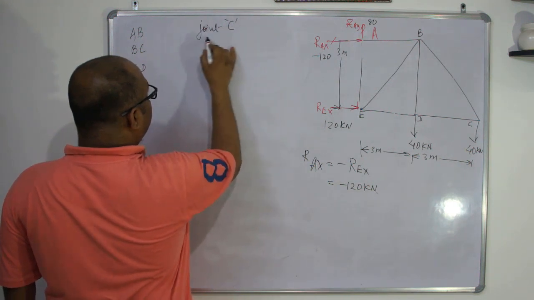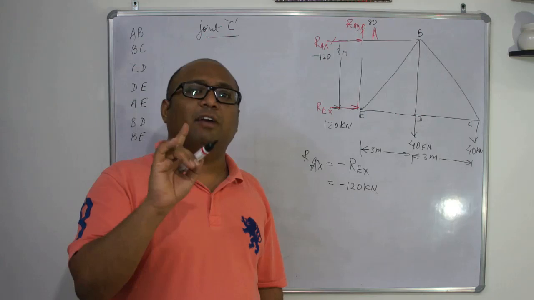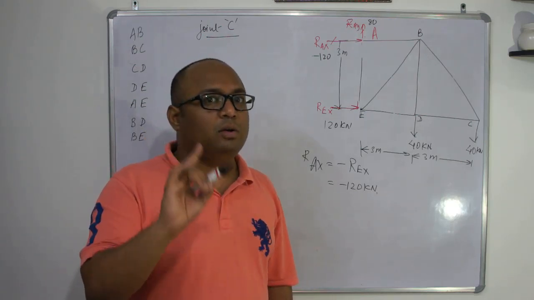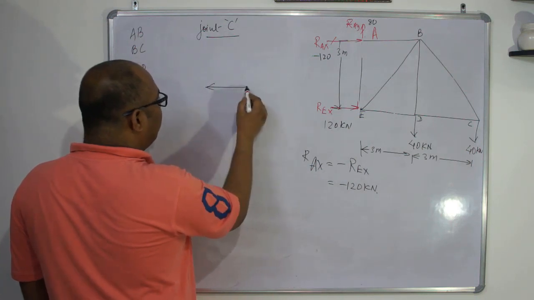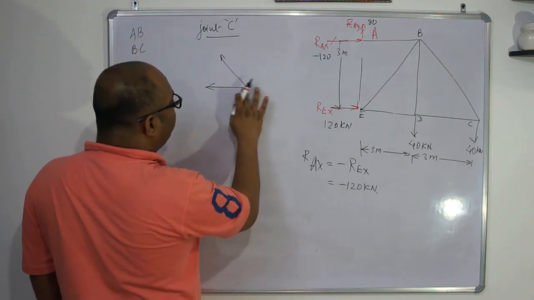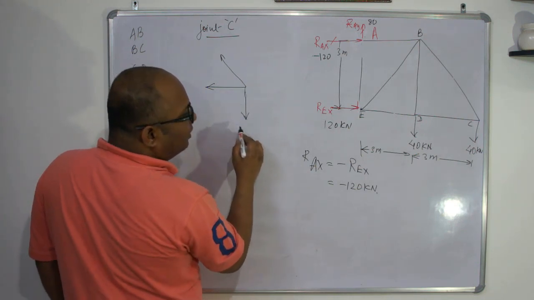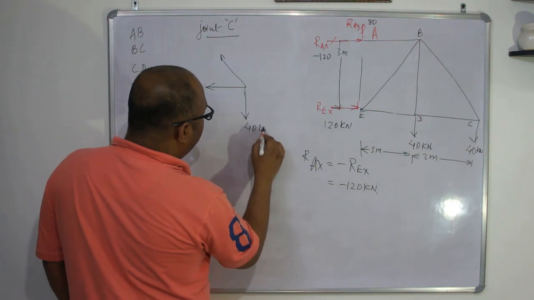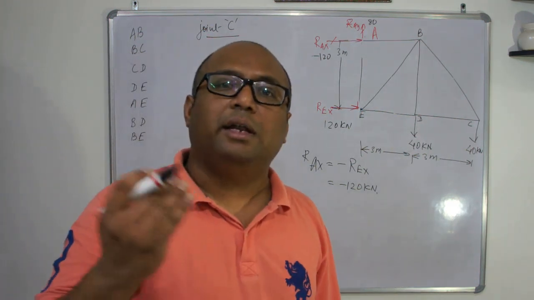Joint C. So whose FBD are you going to draw? You are going to draw the FBD of the pin. And as per the sign convention, I am assuming that the force in the members are tensile. Okay? I am also assuming that the member is under tension.